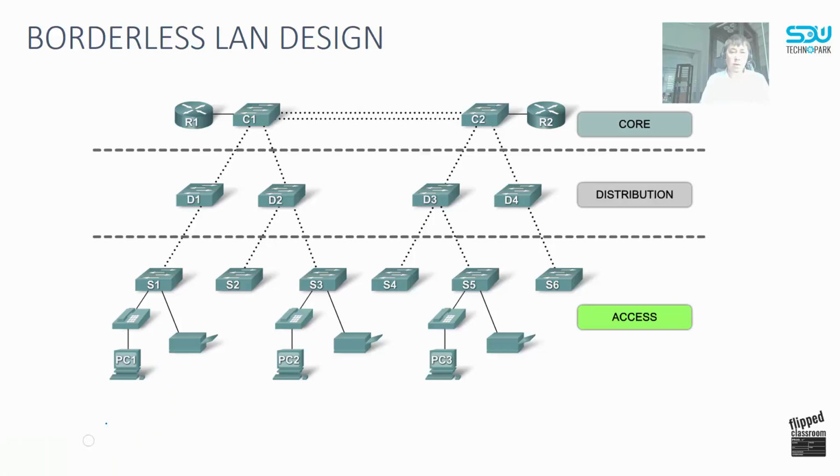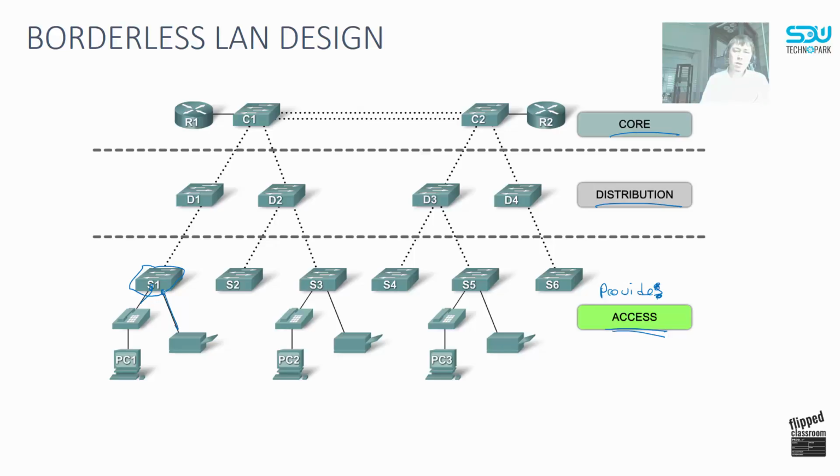So we have 3 layers: access layer switches, distribution layer switches, and core layer switches, where access layer switches provide access for end devices. So that switch 1 is the access layer switch and is providing access to end devices.